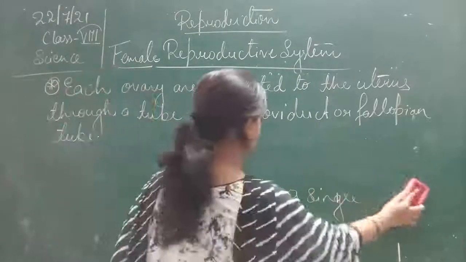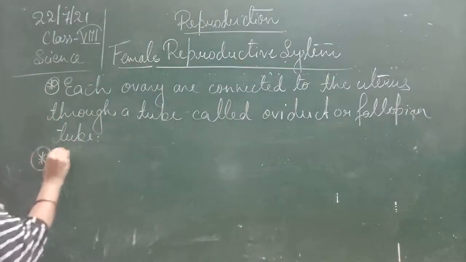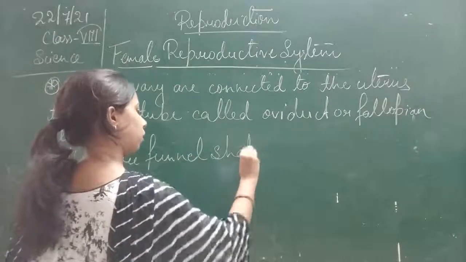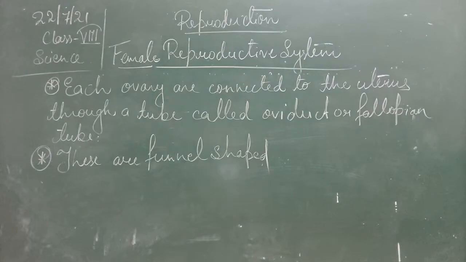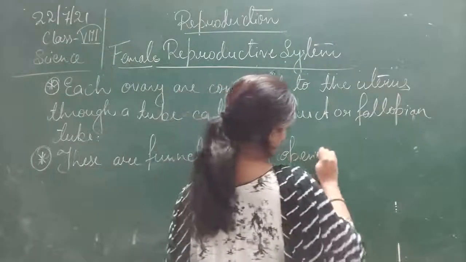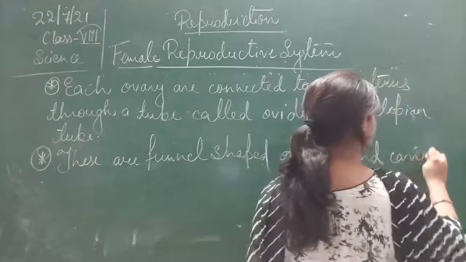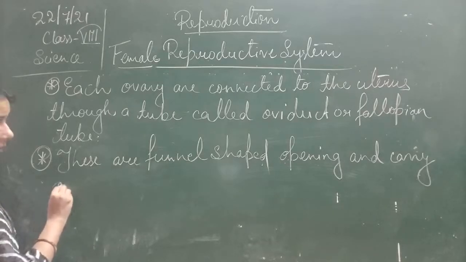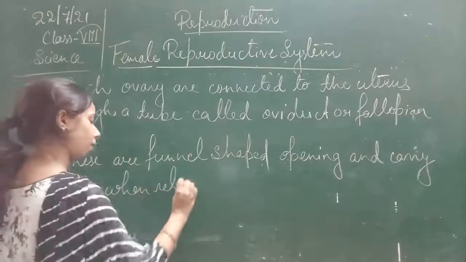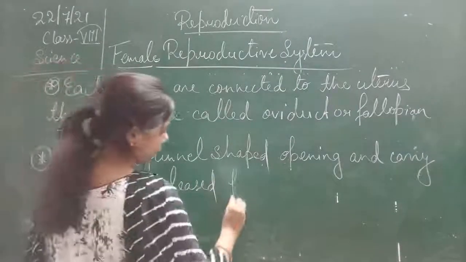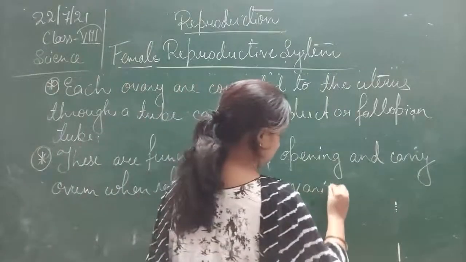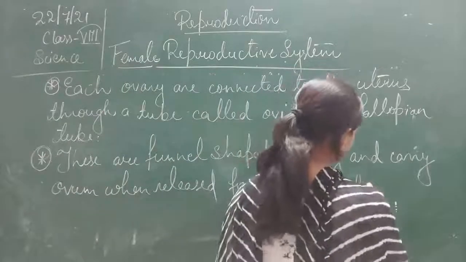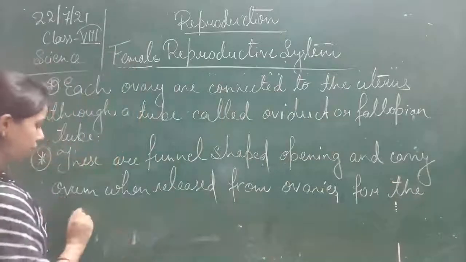The oviducts are funnel shaped openings and carry the ovum when released from the ovaries for fertilization.